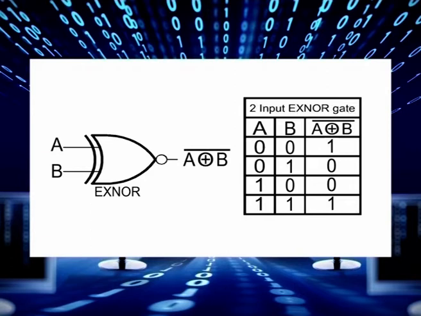The symbol is an XOR gate with a small circle on the output. The small circle represents inversion. Here A and B are the inputs and A plus B encircled along with a bar is the output. In the truth table, we can easily notice that the output is 0 only when one of the inputs A or B is 1, else it is 0.